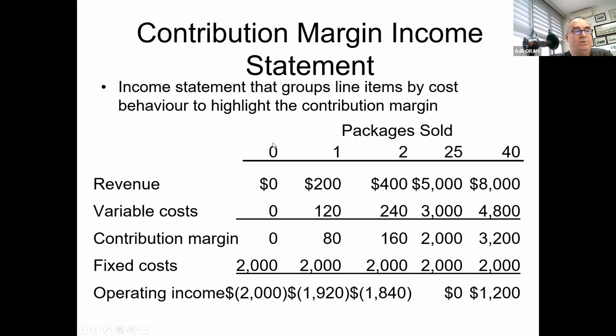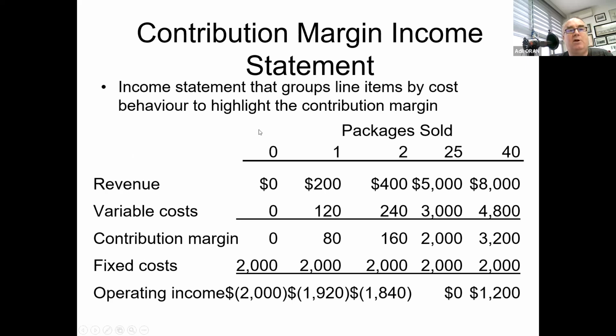Well, if we sell 0, our revenues would be 0. Variable cost would also be 0, if they're truly variable, but our fixed cost would remain. So $2,000 here is our fixed cost. If we don't sell anything, our loss for the period would be $2,000.